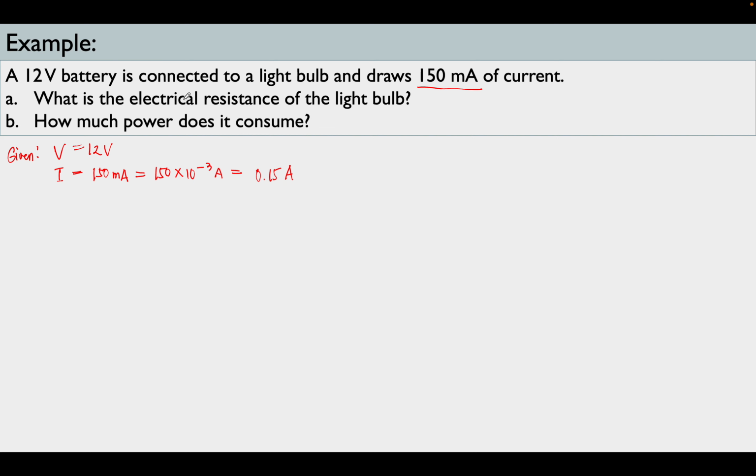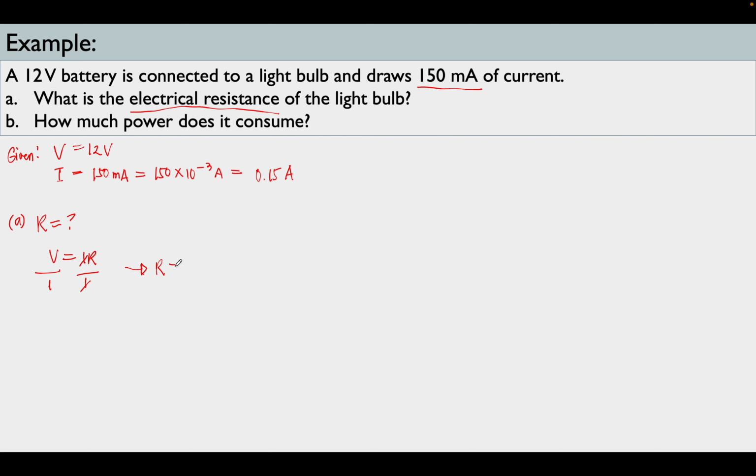We need to convert from milliampere to ampere for solving letter A and letter B. Let's start with letter A. Letter A is what is the electrical resistance of the light bulb, which is capital letter R. Using Ohm's law, V is equal to I times R. To solve for R, divide both sides by I so that it will be cancelled out.